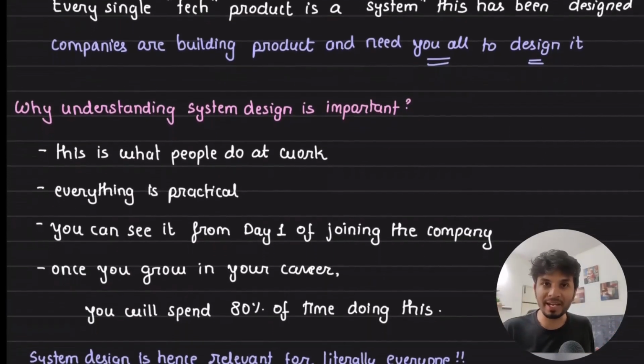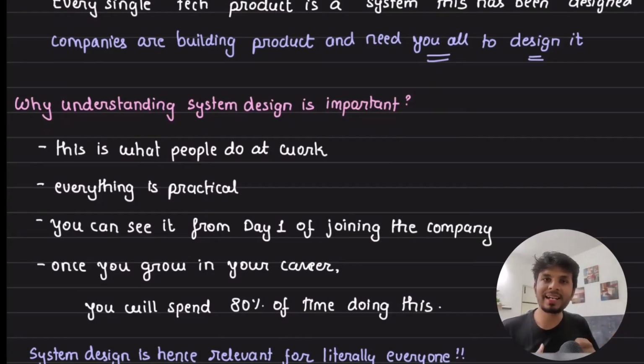And which is why it is really important to understand system design. First point, because this is what people do at work. Engineers, product managers, this is what we are supposed to do when we join a particular organization. We are there to build products. We are there to solve problems. Solve problems using real world things like databases, caches, CDNs, servers, compute, encryption, decryption, whatnot.